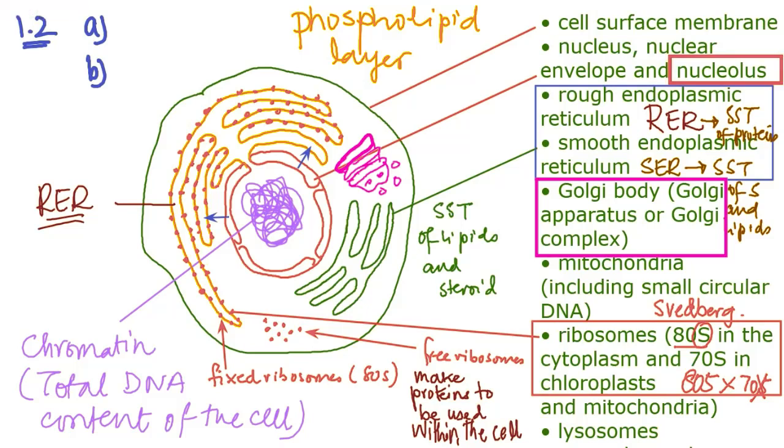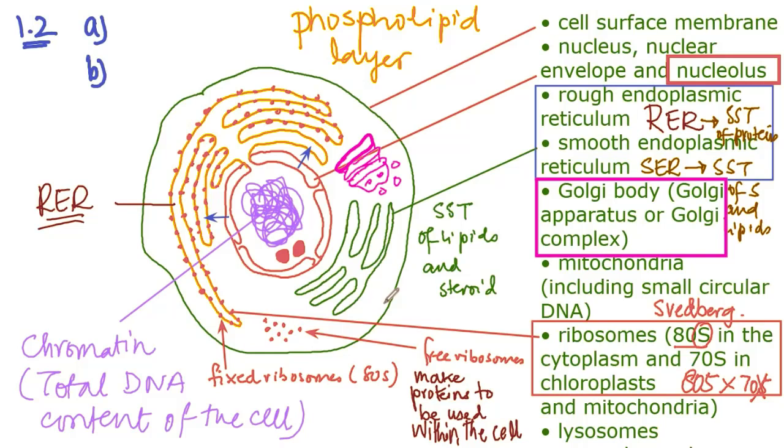The next organelle which we're going to talk about is the nucleolus, and this nucleolus plays a very important role in the formation of ribosomes. Nucleolus could be one small spherical structure found within the nucleus. Sometimes there could be two as well. If there are two, they are called nucleoli.